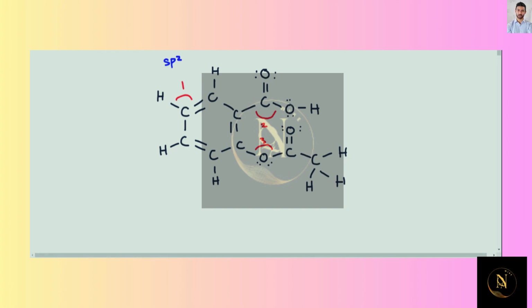And so there might be a table in your chapter, and what you want to realize is that sp2 carbons have a bond angle of around 120 degrees. The way that you can think of it is you have a carbon attached to 3 groups, so 360 divided by 3 gives you 120.